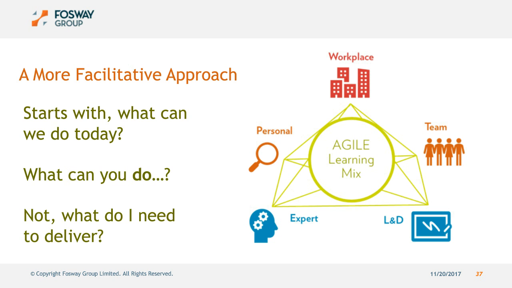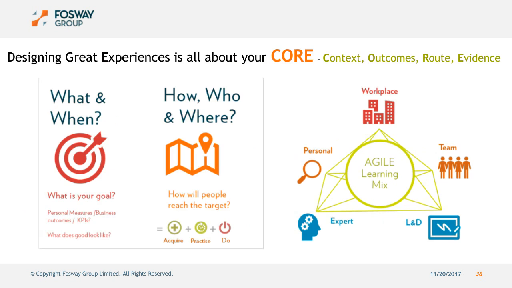I think it comes down to starting to set clear business goals to some extent, and that will come from the conversations that you have with your business stakeholders, because usually the trigger for L&D's involvement is from a stakeholder. So it's about knowing what your business goals are and using that sense of context, outcomes, root, and evidence as a way of designing your mission and your training deliverables.